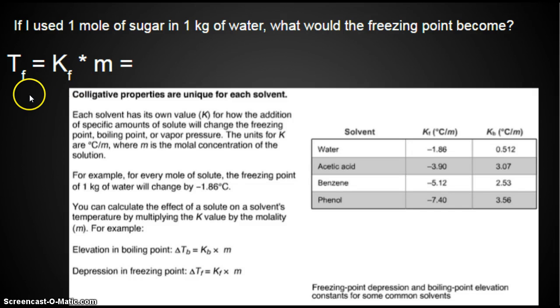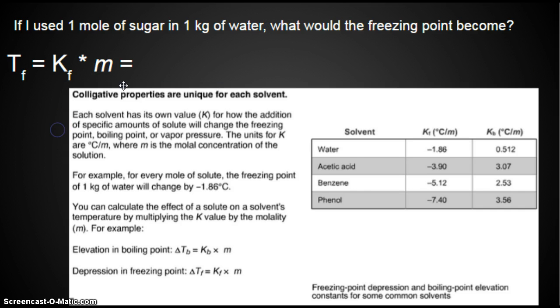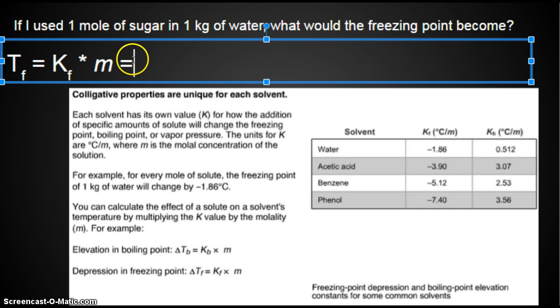So I use our equation: change in T sub F, the freezing temperature change, equals K sub F times m, lowercase italicized. And what numbers are we going to put in? Well, what's the K value for water, the K sub F? We look over here, it's negative 1.86.